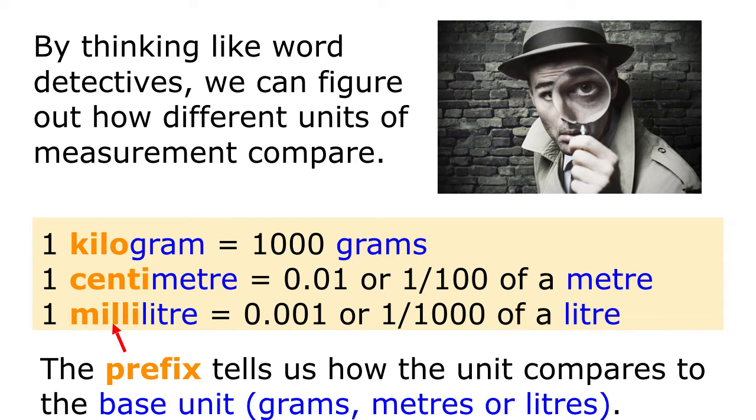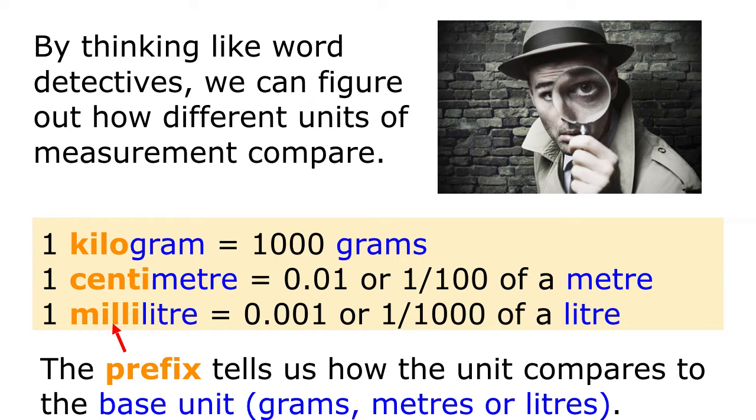By thinking like word detectives, we can figure out how different units of measurement compare. So for example, we know that 1 kilogram equals 1,000 grams. 1 centimeter equals 1/100th of a meter. And 1 milliliter equals 1,000th of a liter.